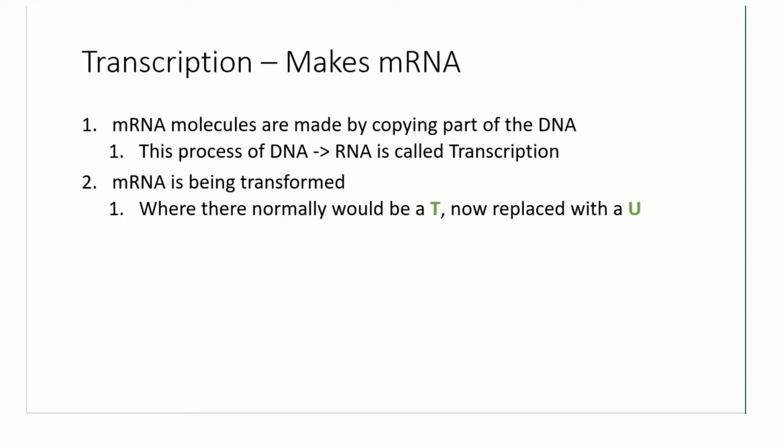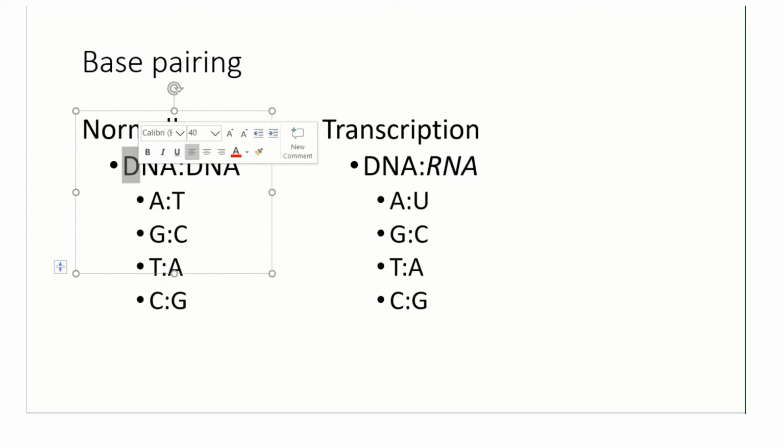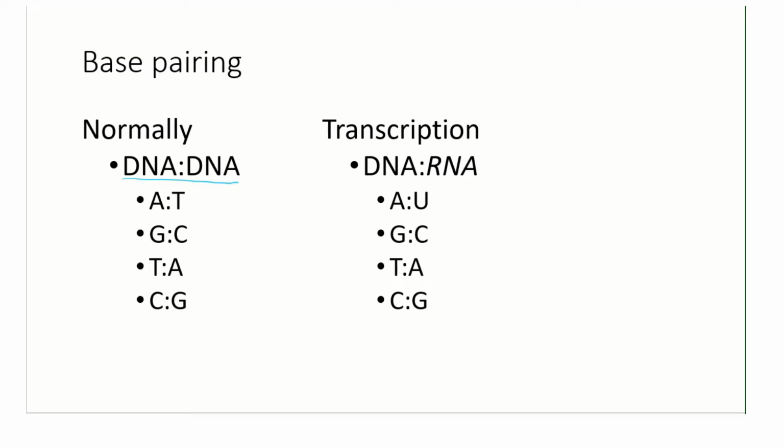So if we take a look at that, what does that actually mean? If we break down our base pairing, normally when you're looking at DNA to DNA, your A's pair with your T's, your G's with your C's. If you've got a T, an A will go there, and then your C's and G's. But in transcription, you're going from DNA to RNA, and so your A will actually bond to a U. So we're replacing that T with a U. Your G's and C's are normal.